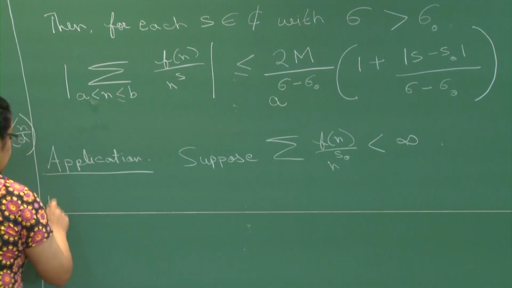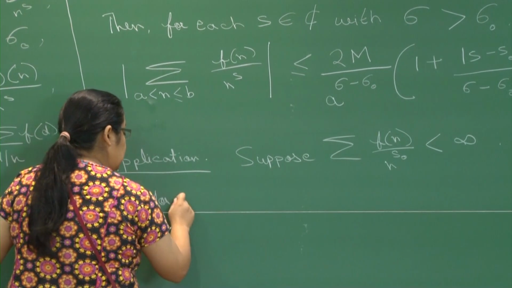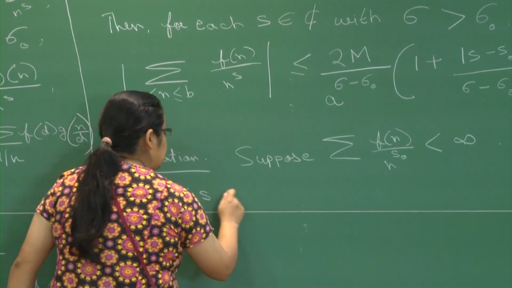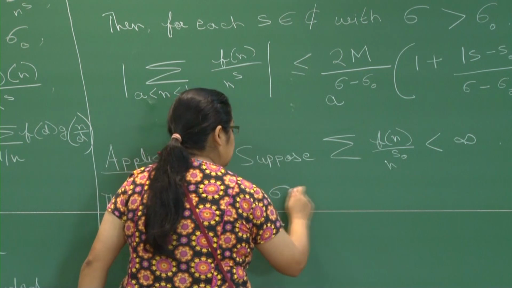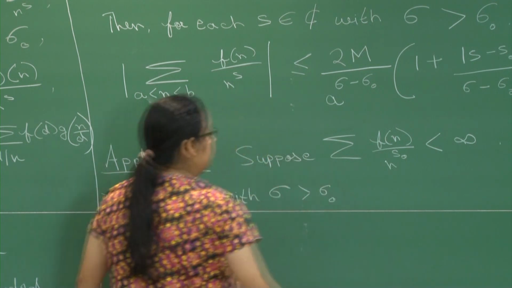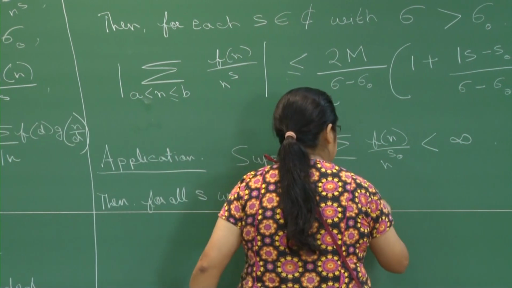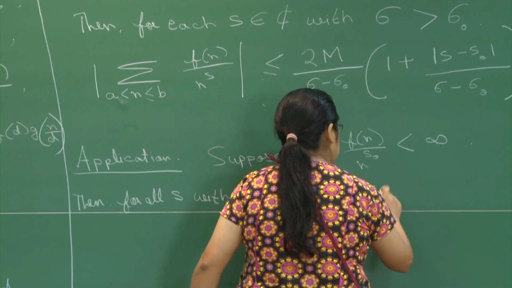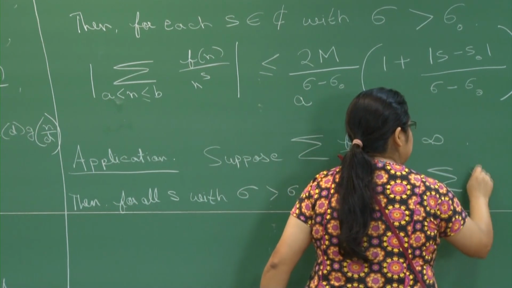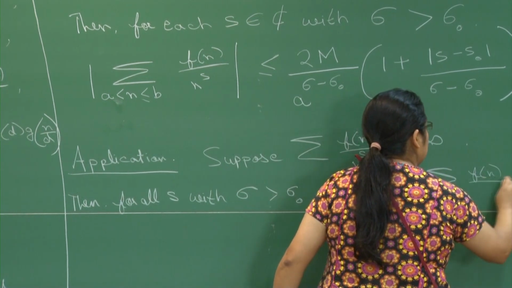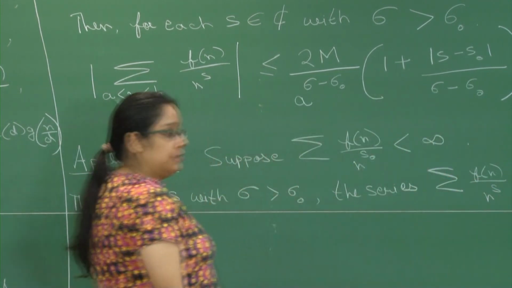Then for all s with real part greater than the real part of s0, the series summation f of n over n to the s also converges.